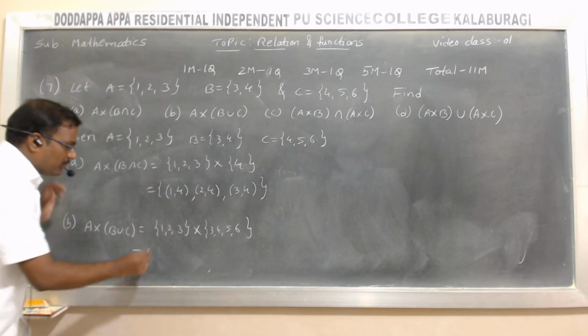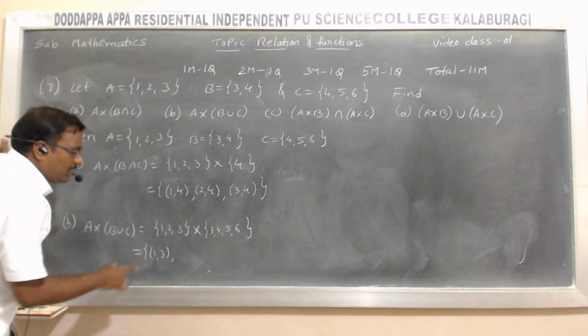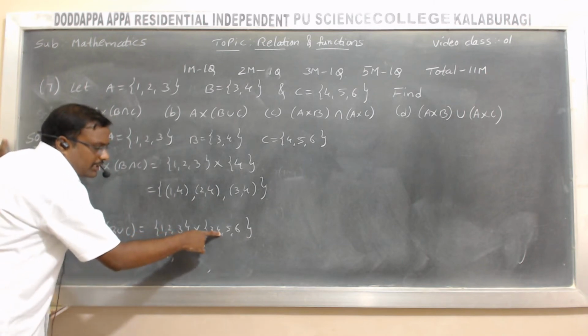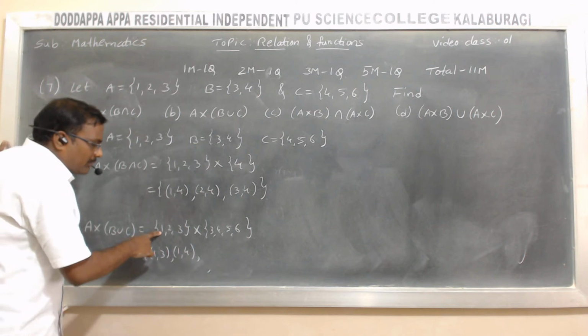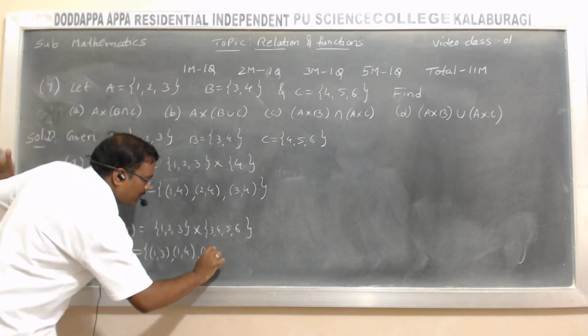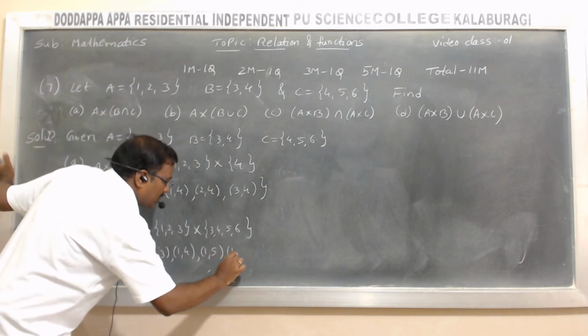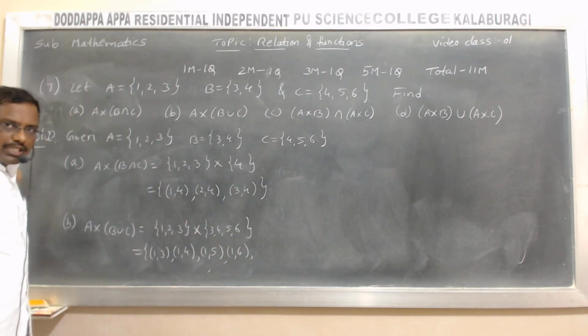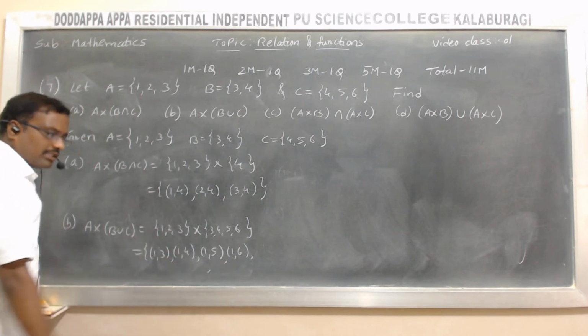So as usual, the first element is related to the first element: (1, 3). Next, the first element is related to the second element: (1, 4). Next, the first element related to the third element: (1, 5). Next, the first element related to the fourth element, that is (1, 6). Similarly, you can solve the second element and third element.